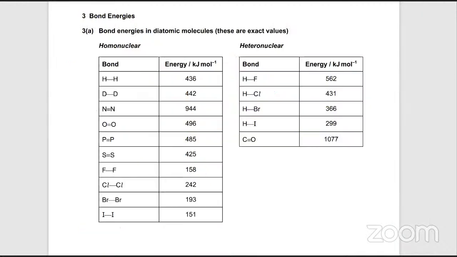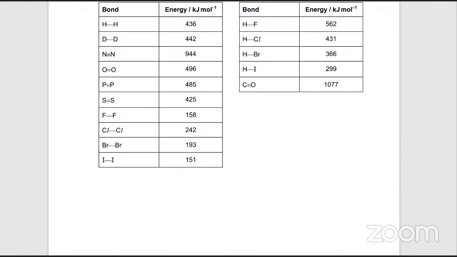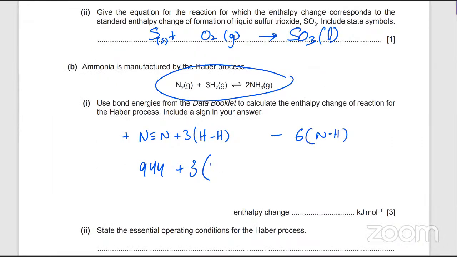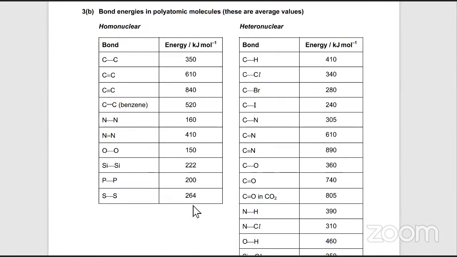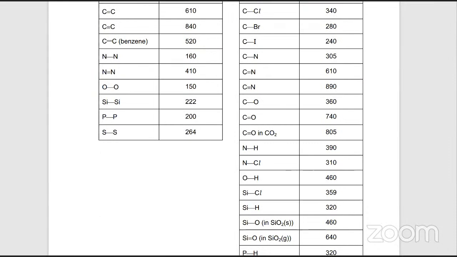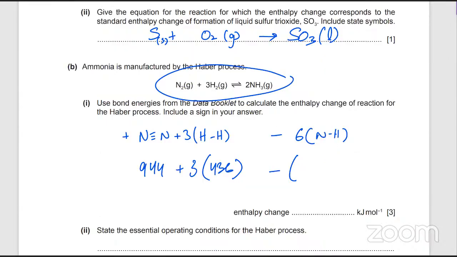H–H is, अच्छा, H–H is 436 and minus 6 N–H. तो 390 है. तो इसको सॉल्व करोगे you'll get your answer. So negative ΔH. कितना आ रहा है?